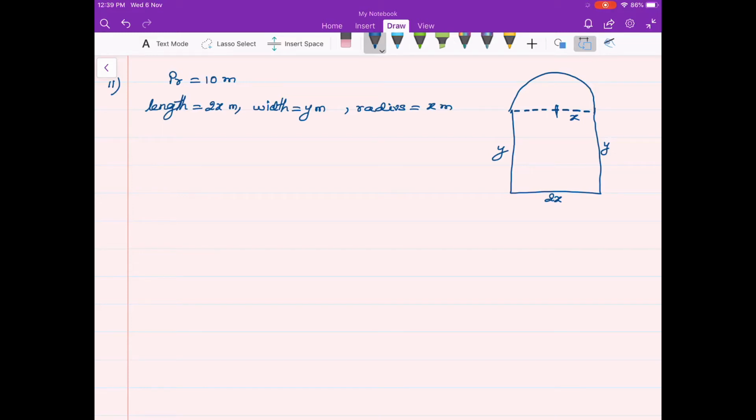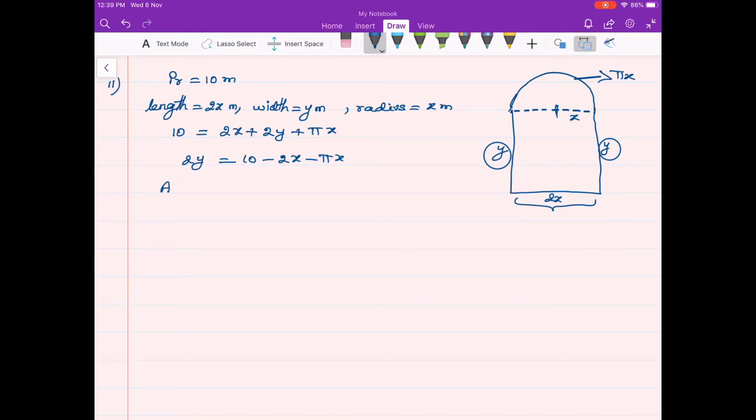Now, perimeter of the window is this length plus these two and half of the circle, this portion, which will be πx. 2πr is the whole perimeter of the circle. It is a semicircle, so half, πx. Therefore, perimeter 10 is equal to 2x plus 2y plus πx. Therefore, 2y is 10 minus 2x minus πx.